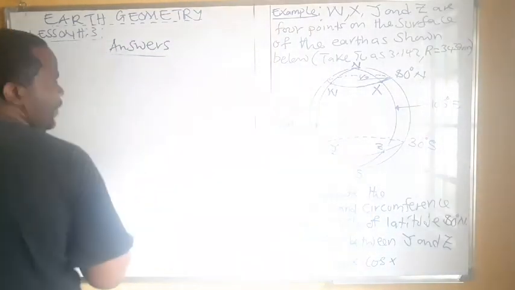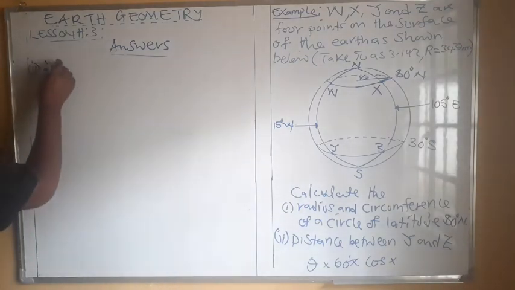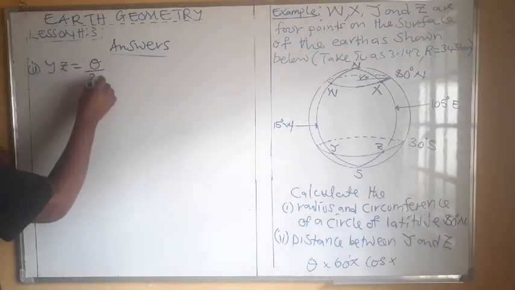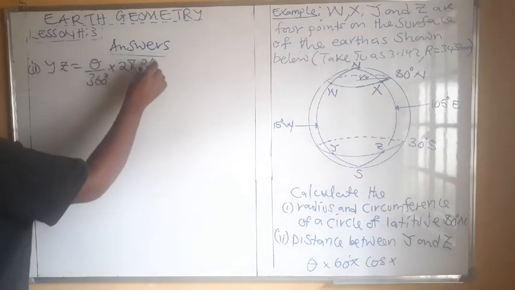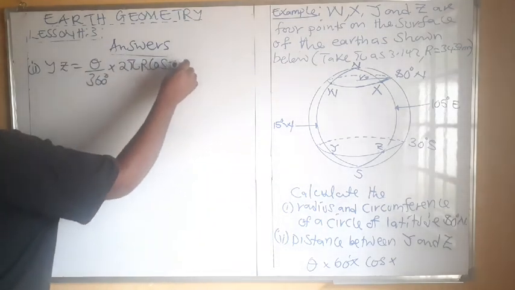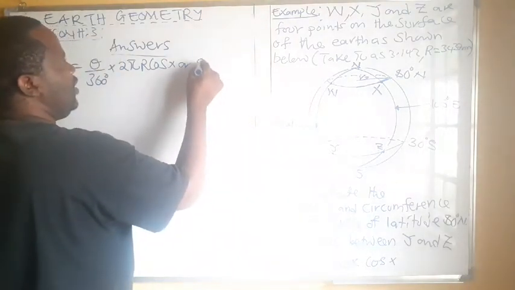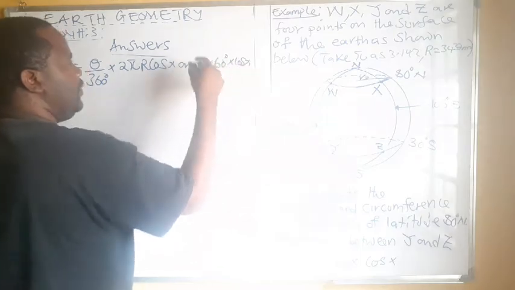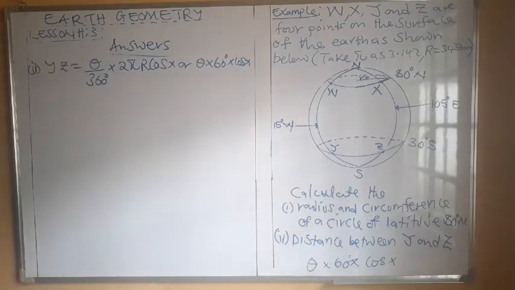The distance between y and z is defined by the angular difference, theta, times 2 pi r cos x. Or, because it is in nautical miles, you can say theta times 60 minutes times cos x. This is applied when we are dealing with nautical miles. If it was kilometers, we would have just gone for the other approach.